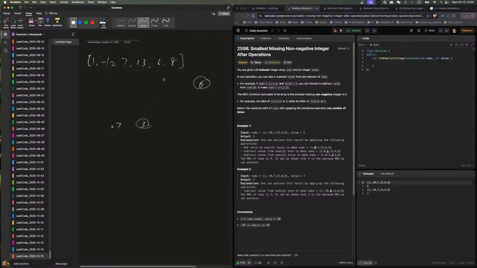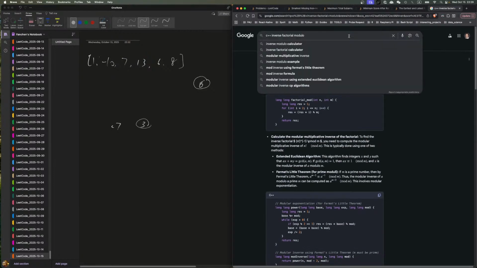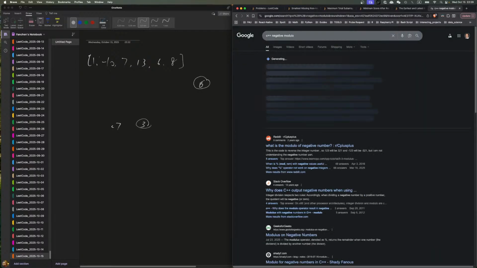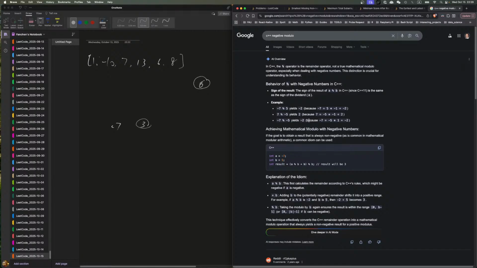That's a good question. What is -7 mod 5? C++ negative value mod. Negative modulo, yes. What's the rule? That is not what we want.